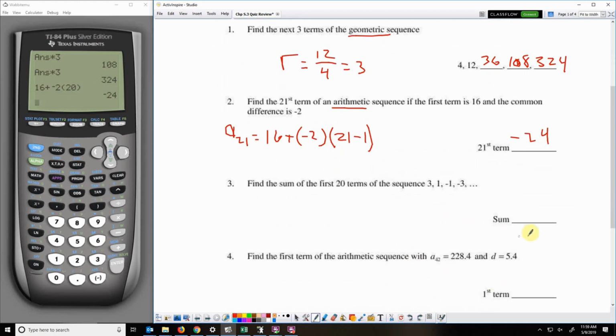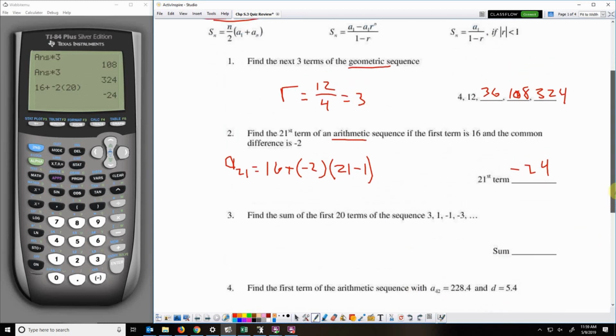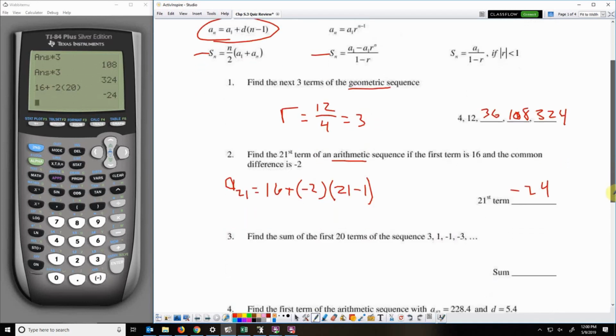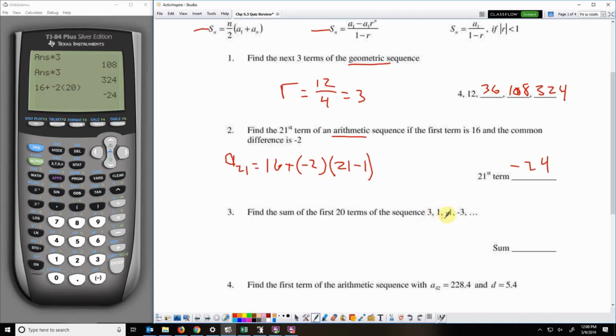Find the sum of the first 20 terms. Anytime I'm looking for a sum, it's going to be one of these two. I have to decide if it's arithmetic or geometric. So 3, 1, negative 1, that looks arithmetic to me. 1 minus 3 is negative 2. Negative 1 minus 1 is also negative 2.